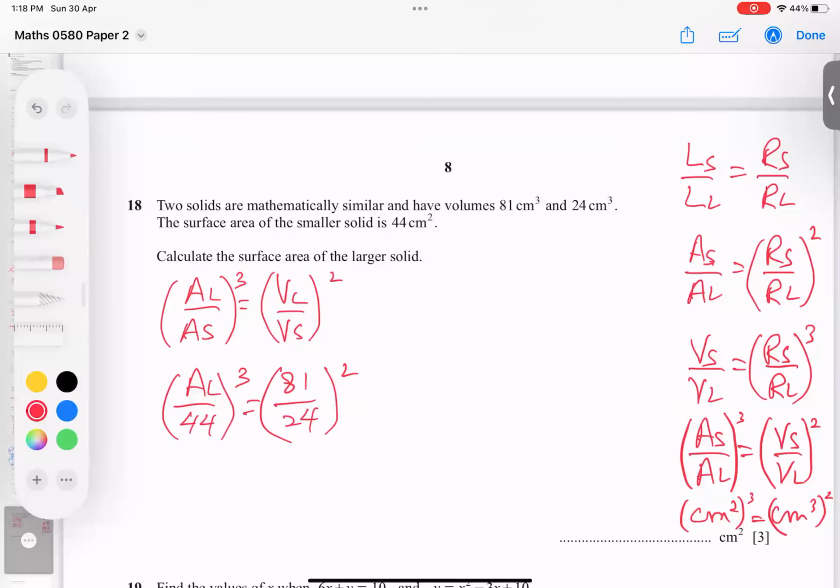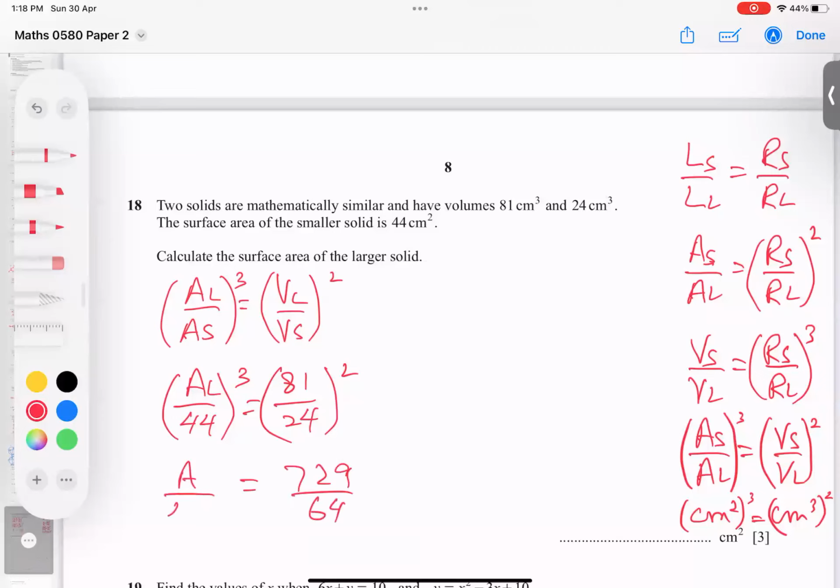If you type this right side in the calculator, which I'm typing as well, 81 divided by 24 and power 2, I'm getting 729 over 64.